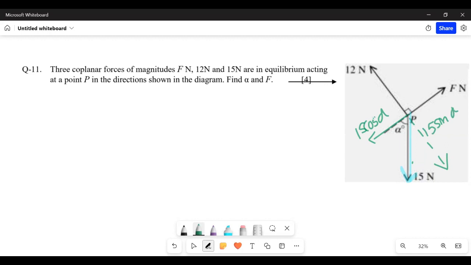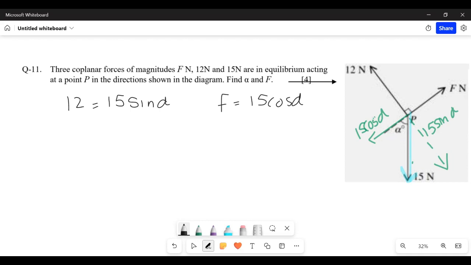Since the forces are in equilibrium, 12 Newton equals 15 sine alpha. We'll use this to find alpha, and then F equals 15 cos alpha, and we'll substitute alpha into this equation to get F.